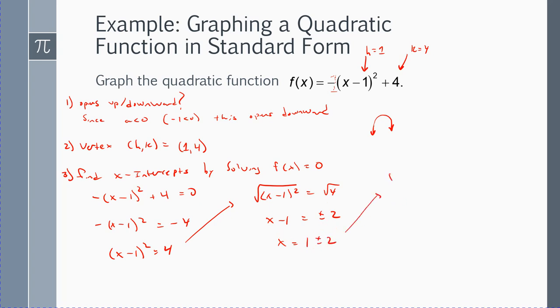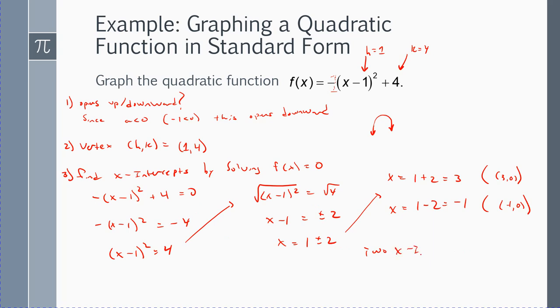So one x-intercept occurs when x is equal to 1 plus 2. Is that 3? So that's the point (3, 0). And another one happens when x is equal to 1 minus 2, which is minus 1. So another one occurs at (minus 1, 0). Just so we're clear, you have 2 because when you took the square root to solve, you got that plus or minus.